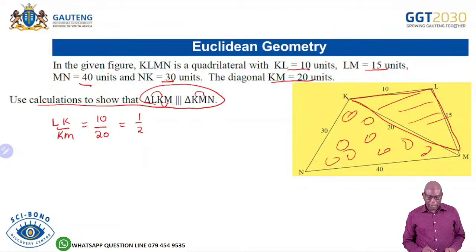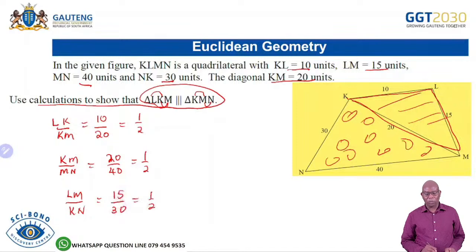If I take KM over MN, then I'll get 20 over 40, and that will give us 1 over 2 also. If I take the last one, LM over KN, I'll get 15 over 30, and that also gives us 1 over 2. So can you see that the ratios are the same? So what can I then say?